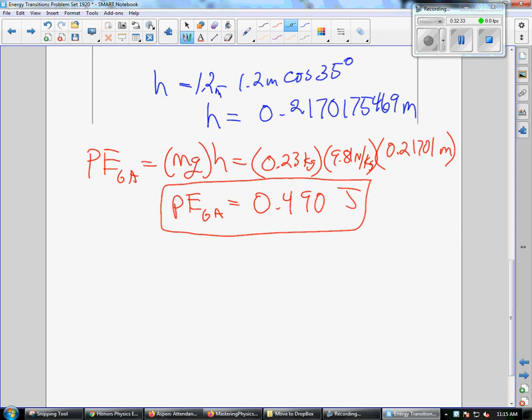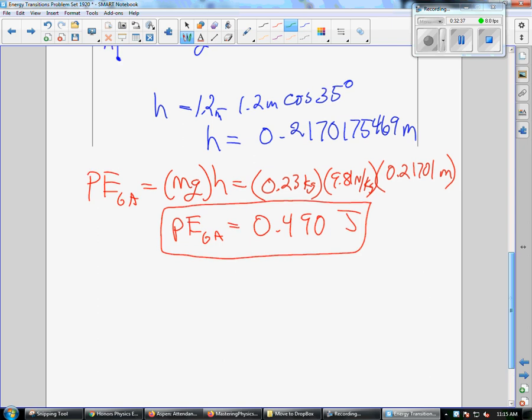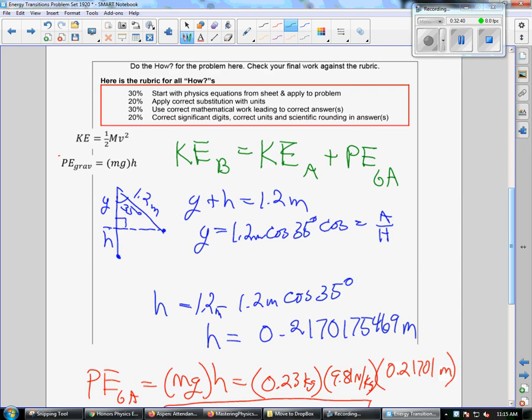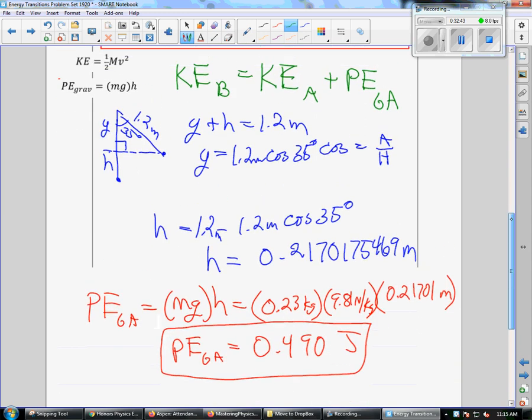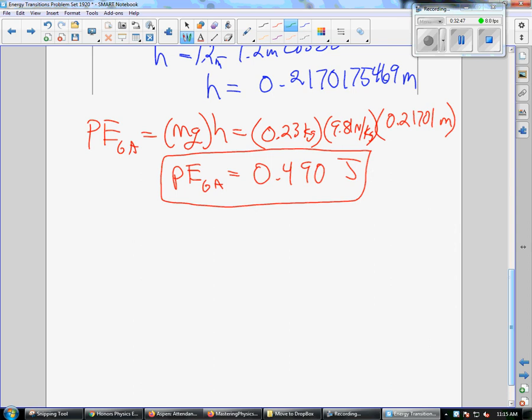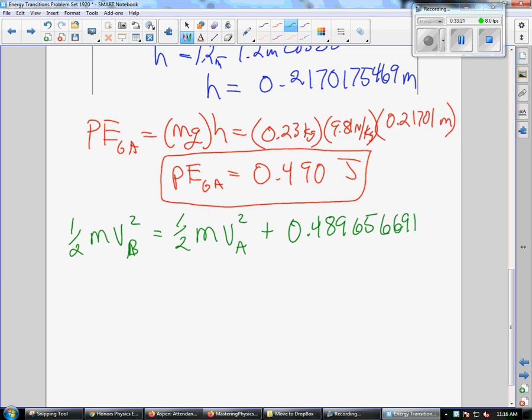And then I'm going to have to use that. I'm going to use this factor to find my velocity at A. So I'm substituting into that green: 1/2 m speed of B squared equals 1/2 m speed at A squared plus my answer here, 0.489656691 joules.